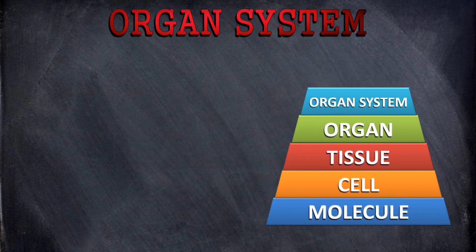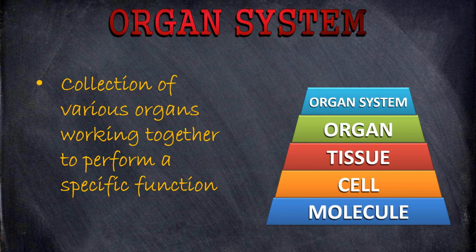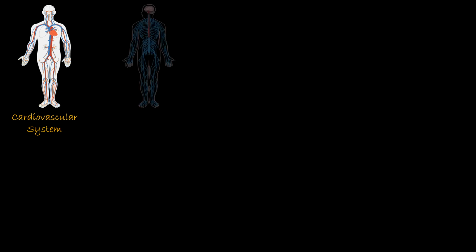The next level of biological organization is the organ system. The organ system is a group of organs working together to perform a very specific function. So, for example, your heart and collection of arteries and veins form your cardiovascular or circulatory system, whose function it is to transport oxygen and waste products to and from all parts of your body. Your brain, spinal cord, and peripheral nerves form your nervous system, whose job it is to carry sensory and motor impulses between your brain and your body.